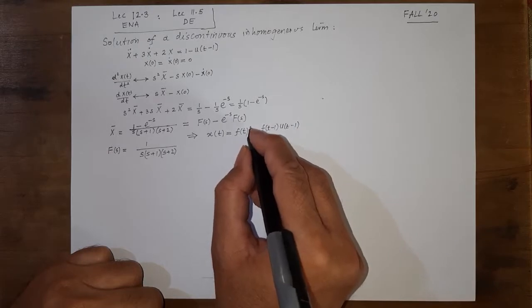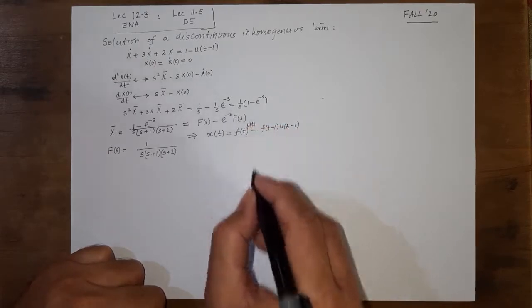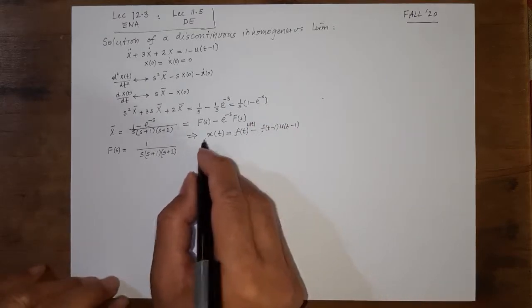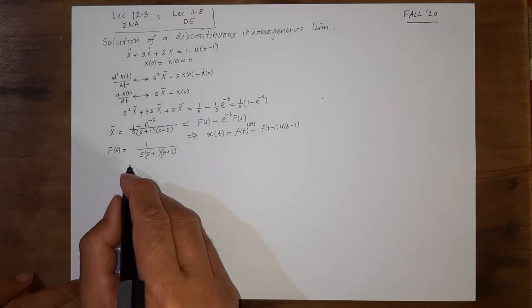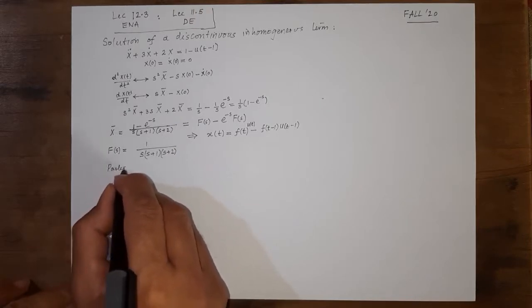It's understood that we have u(t) here. We can explicitly write it, or we can ignore that. And now the task that remains is to find what is f of t. For that, we have to use the method of partial fractions.